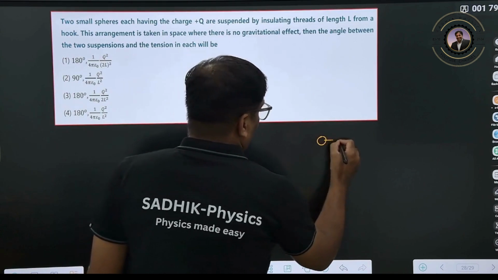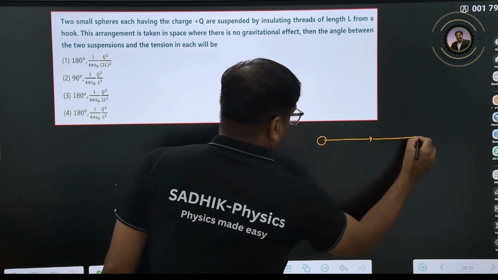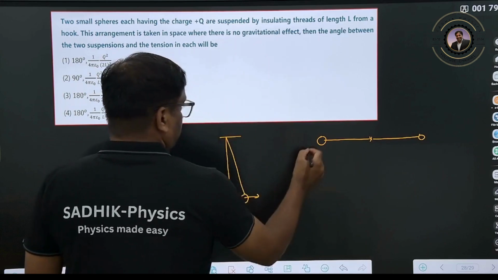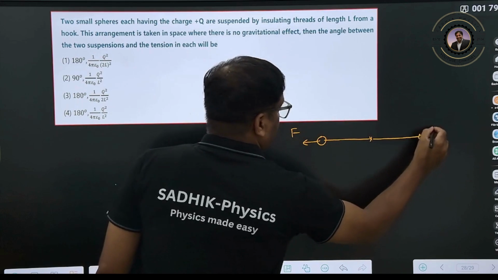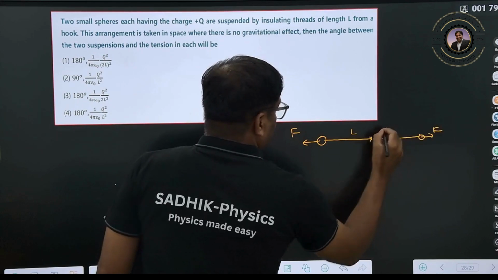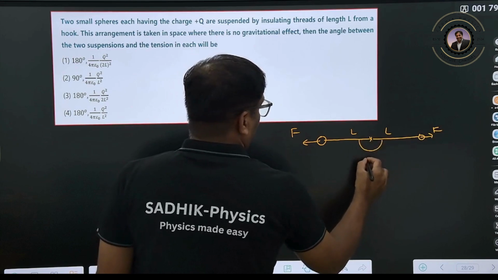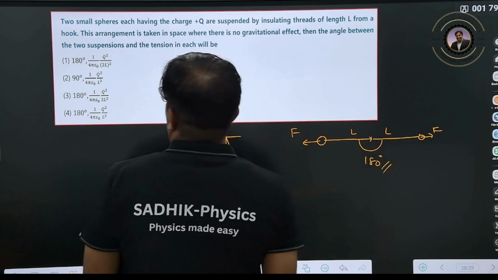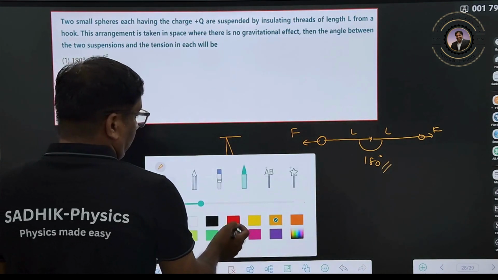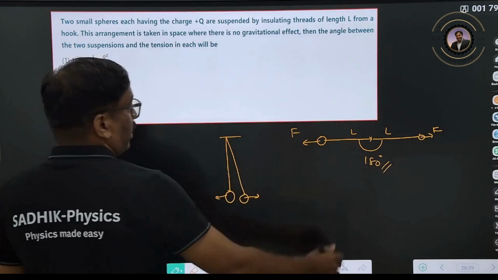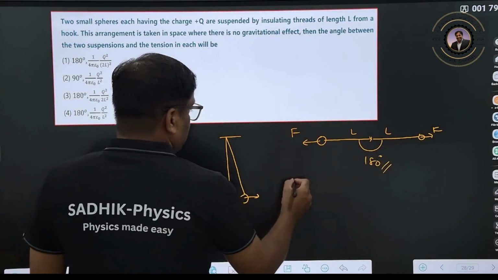This charge will become like this, experiencing a force here, because they are identical. The distance is L, so the angle between them is 180 degrees.